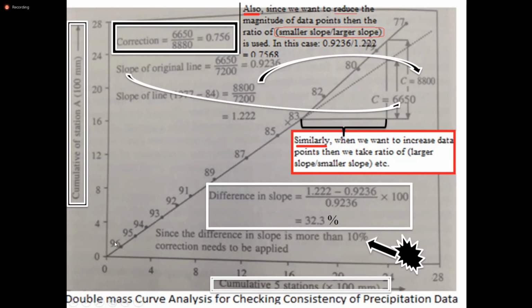So we are going to look at the 5 stations plotted on the x-axis, and the station in question plotted on the y-axis. When you plot this data, the years are written here. This data belongs to 1996, 1995, 1994. It will be helpful, you will notice.